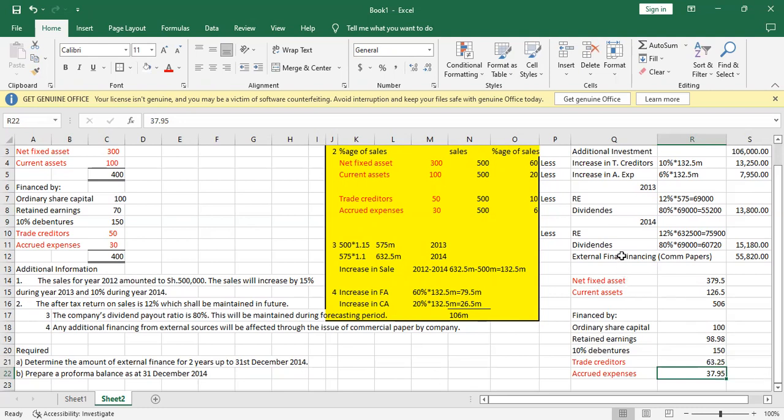And then the last one was the commercial paper. When I worked on the external financing, I got 55.82 million. So this is the external financing. I'll just write here commercial paper, 55.82. And I'm crossing my fingers to see whether my balance sheet will balance.